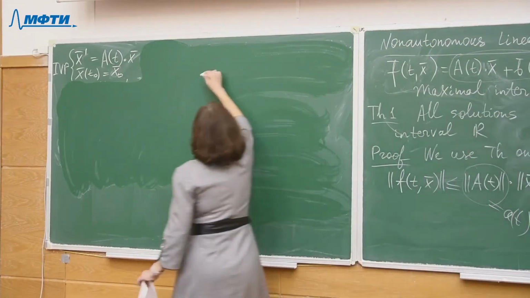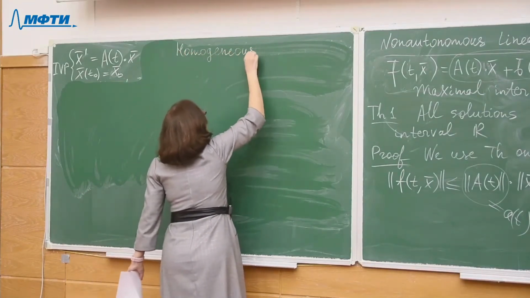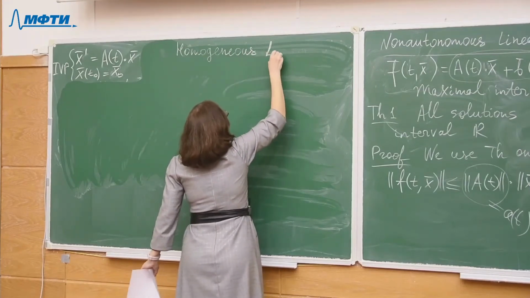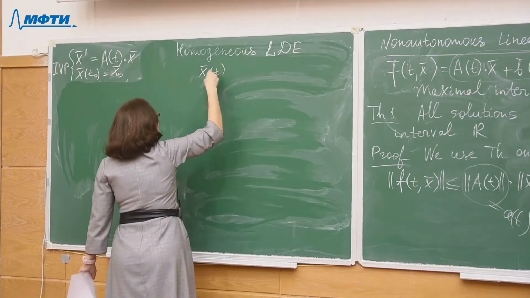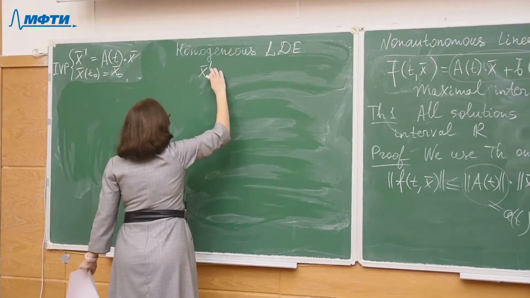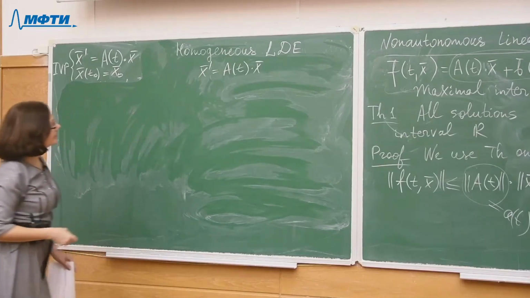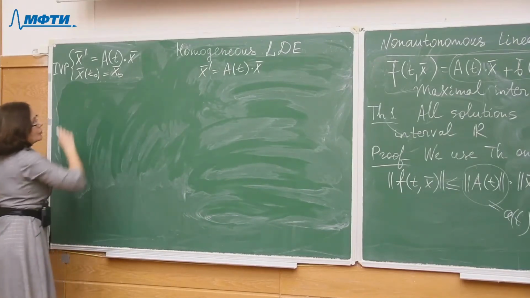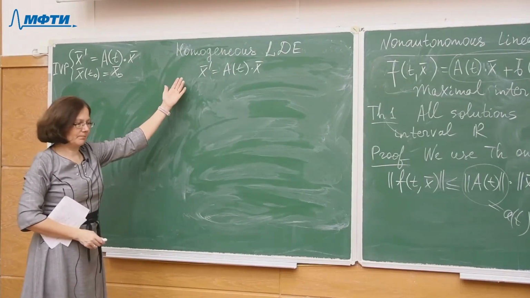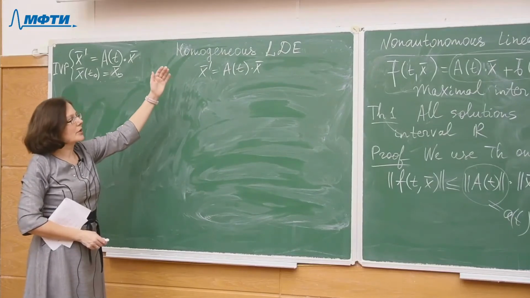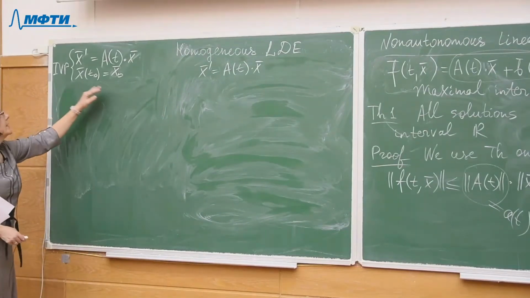We will consider a homogeneous linear differential equation of the form x prime equals A of t times x. And this is the initial value problem. Sometimes we need only the equation, as we will be looking for the general solution of this equation, or sometimes we may consider an initial value problem.